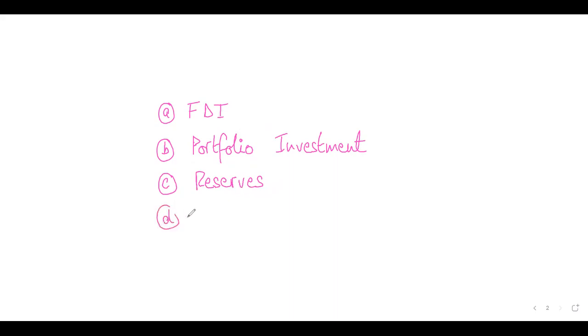And then the fourth item is the balancing item. That shows if there are any missing values because of which your balance of payment is not balancing. Reserve assets, yes, absolutely correct.